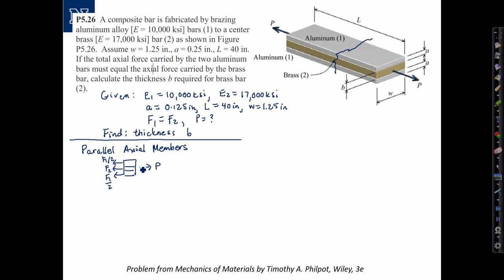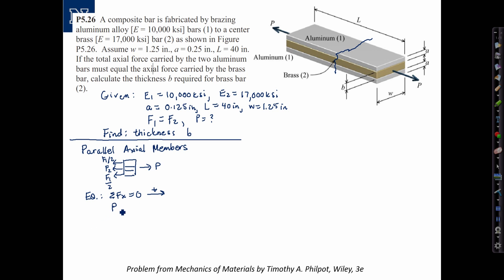Notice I draw my forces in tension. I reason that that is the case, but I will always make that assumption. Let the signs work themselves out. Okay? So equilibrium considerations. Let me do sum of the forces in X equal to 0, where I assume forces to be positive acting to the right.